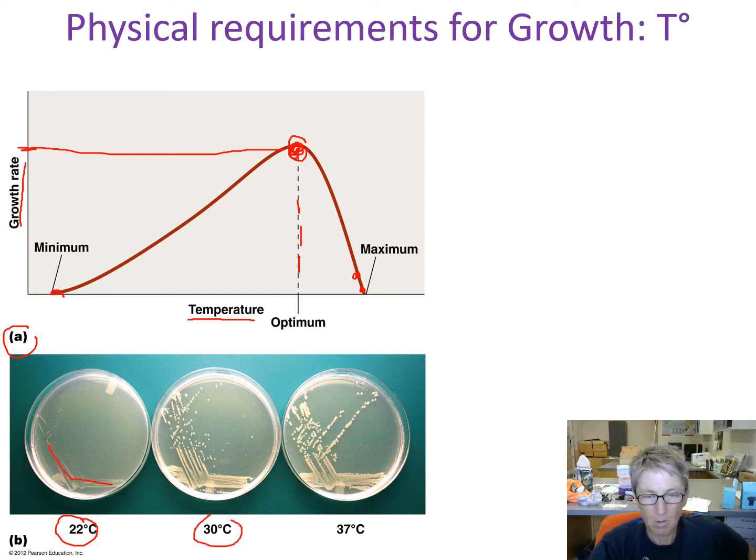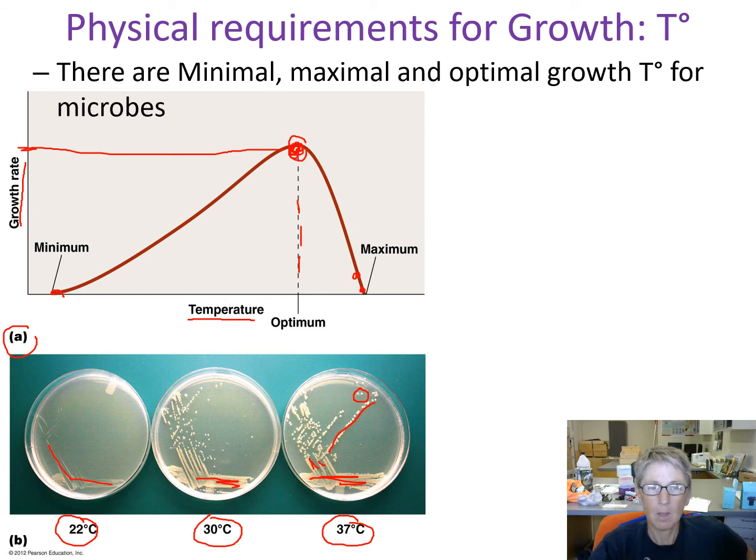At 30 degrees C, you can see growth here. And then at 37 degrees C, you see the most growth. So you've got growth here, and growth all out in here. All of these little circles are colonies of microbes. So there's minimal, maximal, and optimal growth temperatures for each microbe.